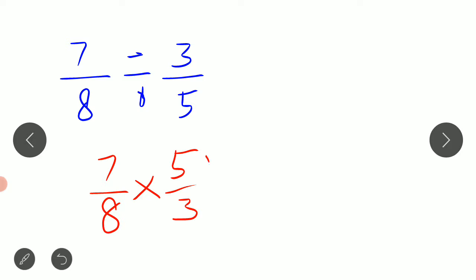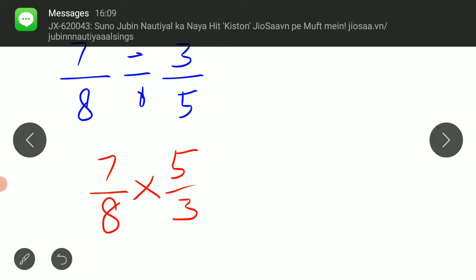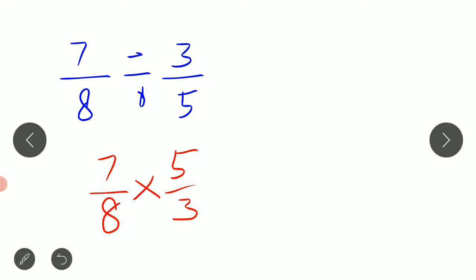Now you see whether there is any numerator and denominator having a common factor. We don't have any. So in this case, multiply the numerators and multiply the denominators, because there is no numerator and denominator having a common factor.